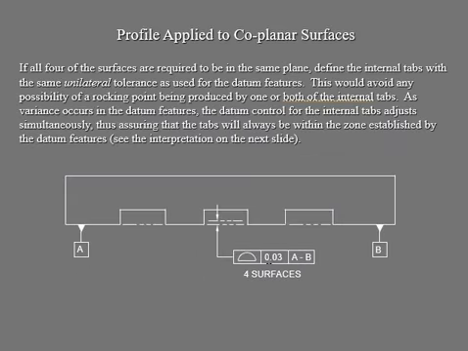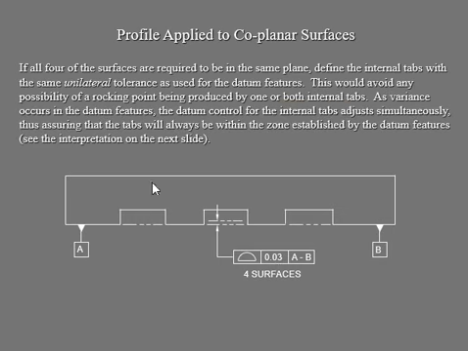Tied, by the way. So anyways, let's go into this profile, where you can see 0.03, you have four surfaces. If you're dealing with the four surfaces to be in the same plane, first you're going to see your internal tap, so here, here, here, and your same surfaces right there.